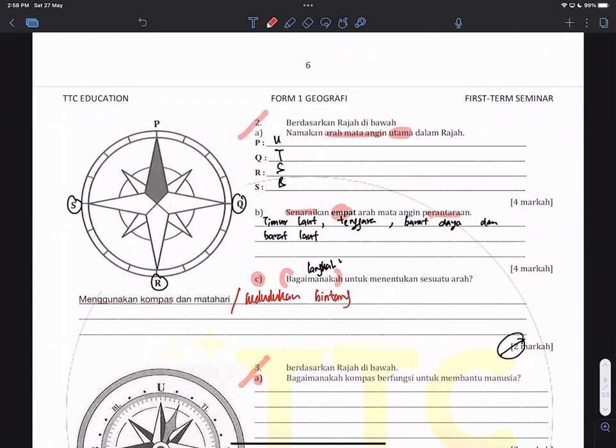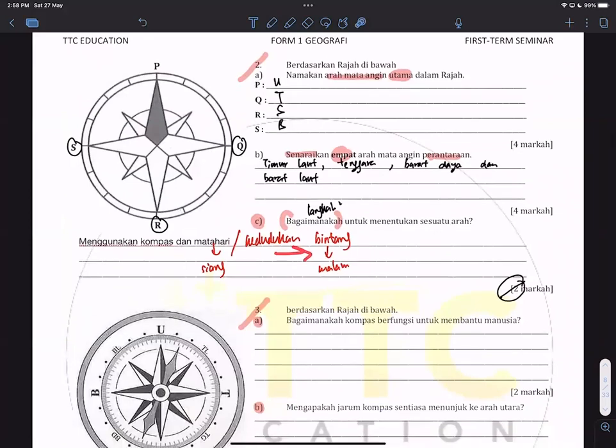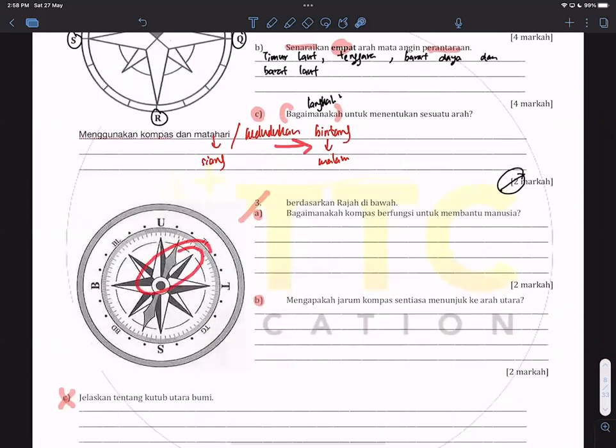So remember, matahari is for waktu siang, kedudukan bintang is for waktu malam. Okay, so kedudukan bintang I write down is for you guys to focus in objective. Okay, done. So this is compass.